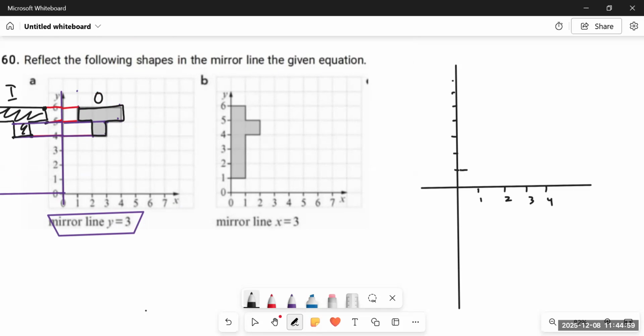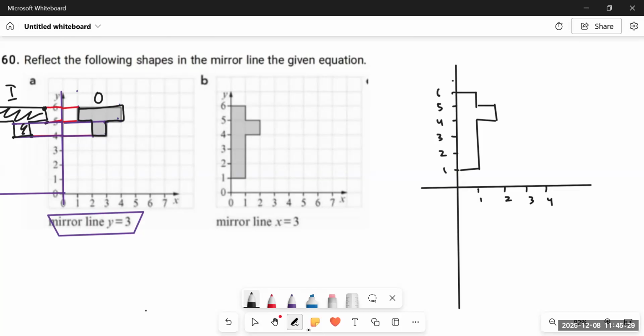So it would be like this. 1 square here and 3 squares above. 1 square here. 1 square above. Then back. Then above. And here it is. Okay. So it's 1, 2, 3, 4, 5, 6.